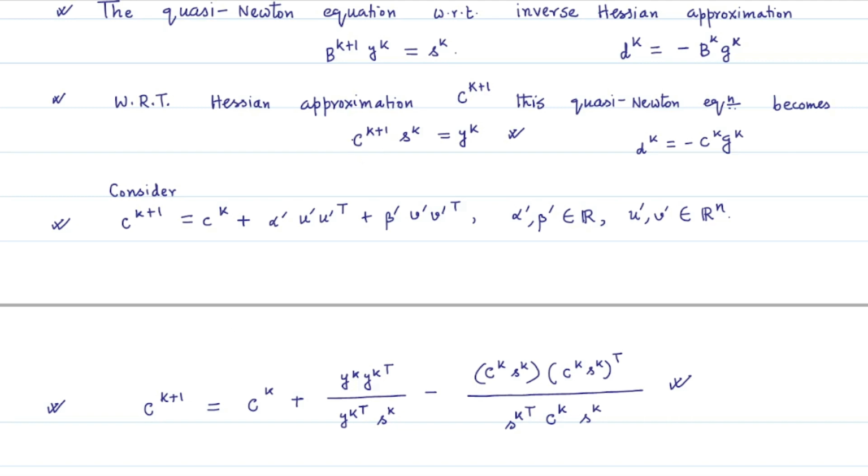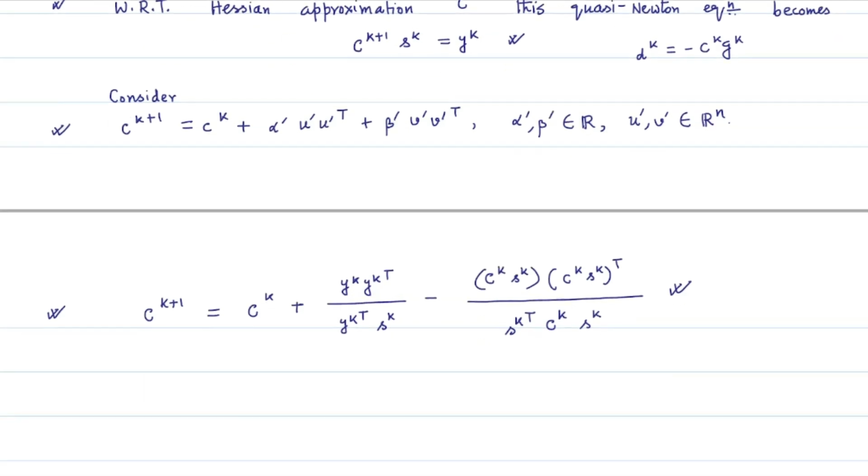But we need to employ an approximation of the Hessian inverse. So what we do here, we go for computing the inverse of this Ck plus 1 and take that inverse of Ck plus 1 as your matrix Bk plus 1, and then you go with that formula for Bk to be employed in finding this descent direction.